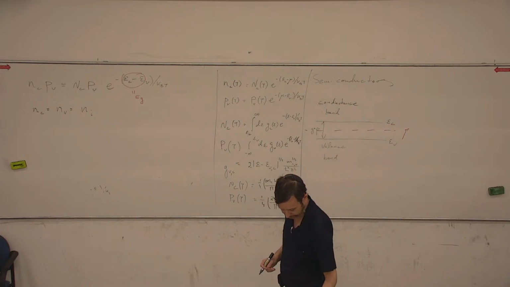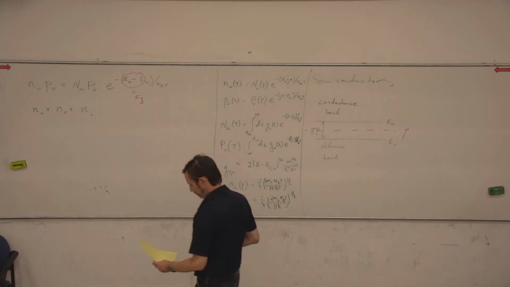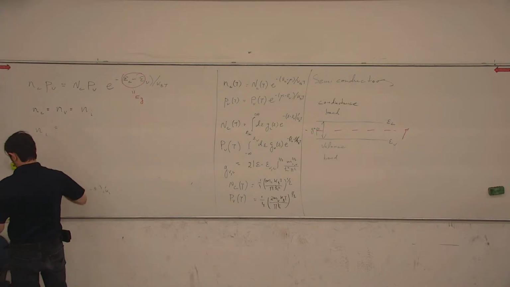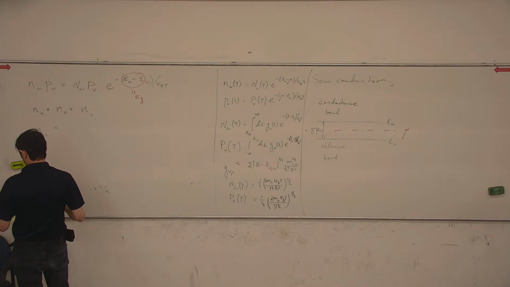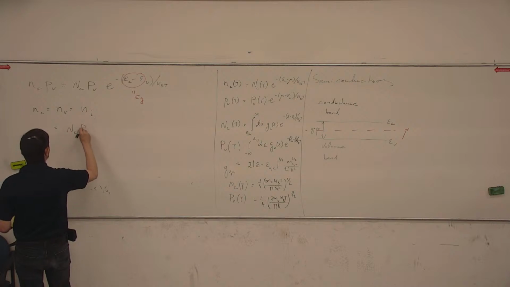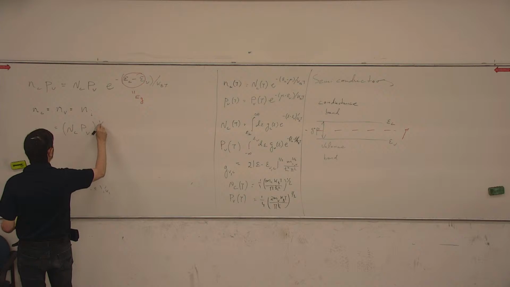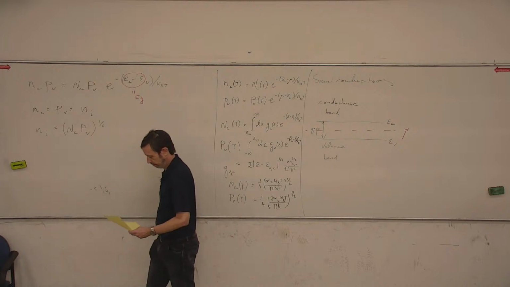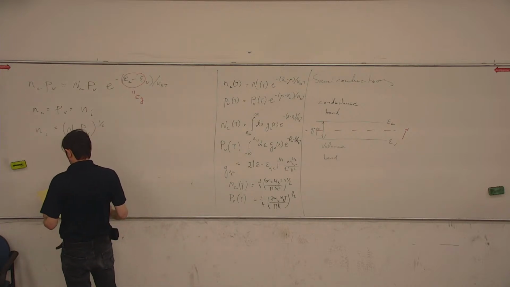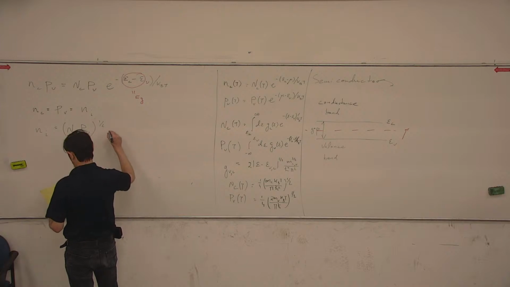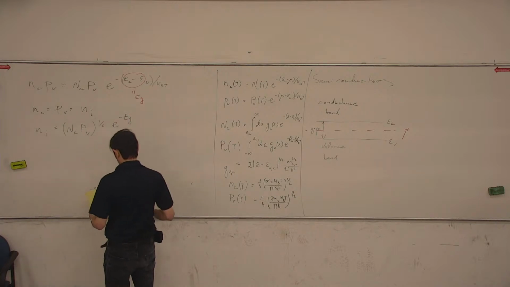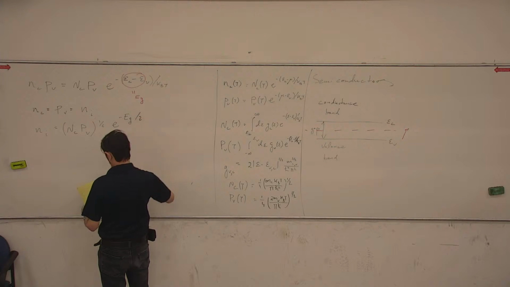So NI, NC is PV, comes from the fact that the charge is neutral, right?